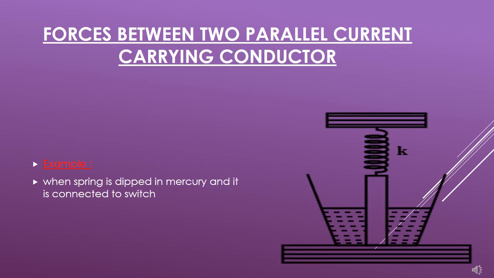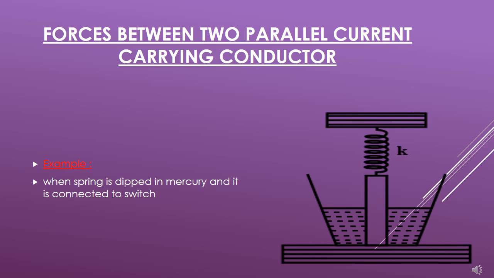Just like we have taken an example of a spring and we dipped it in mercury and completed the circuit and switched it on. The moment the switch is on, all these parallel conductors which are carrying current in the same direction get attracted and the spring gets shortened, because there is a force of attraction and the spring goes up, it shrinks.